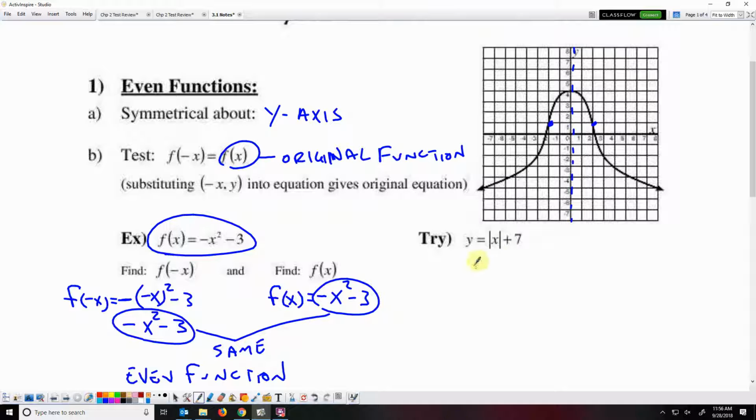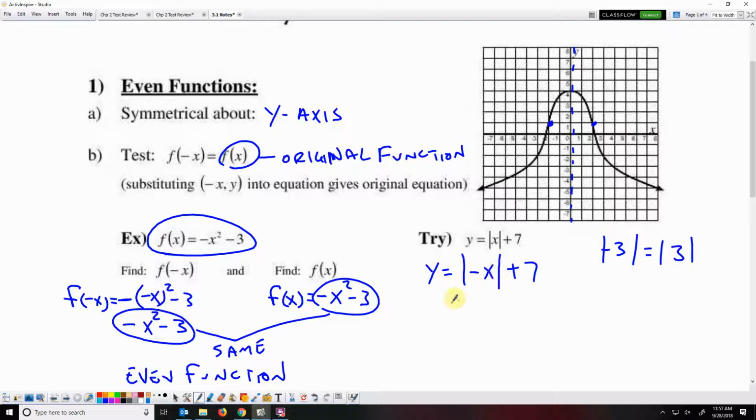Okay, is this an even function? This time it's y equals, but that's fine. So we've got y equals the absolute value of the opposite of x plus 7. Now, for any number, say negative 3, its absolute value is exactly the same as the absolute value of positive 3.